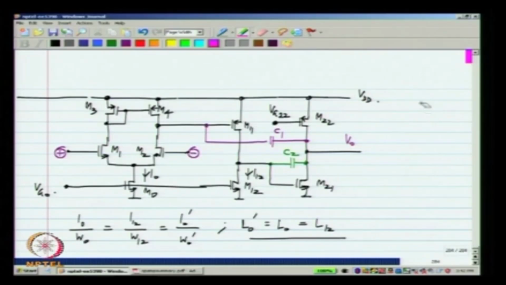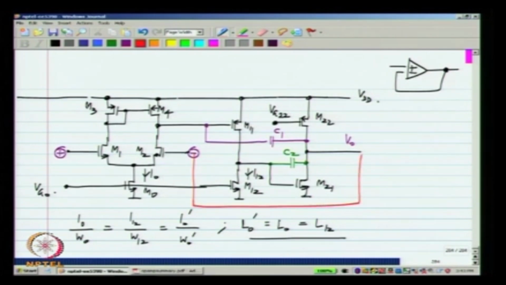Let me again, for illustration, consider a unity gain follower. What happens in that case? I will have a connection from there to there, and the plus input, let us say, is biased at some V bias.